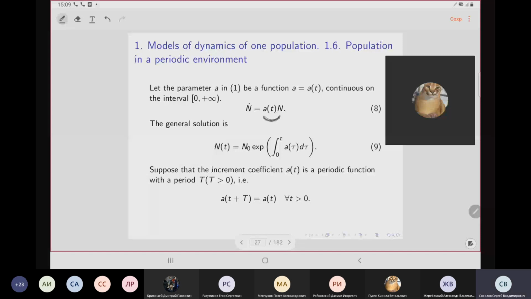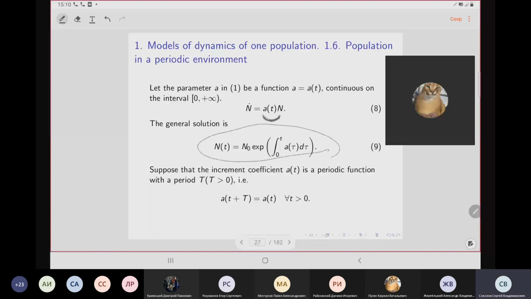So we upgrade the Malthus model with this new proposition. The equation is still easy to analyze because we can solve it and get the exact solution.